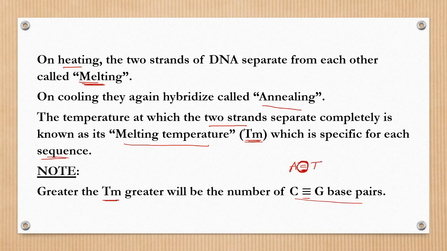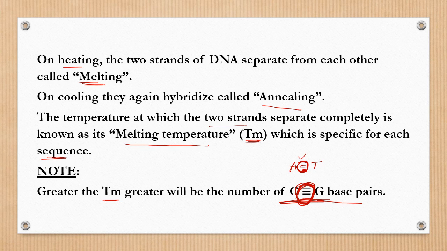Breaking 2 hydrogen bonds requires less temperature, whereas breaking 3 hydrogen bonds requires more temperature. That's why Tm is more for these.